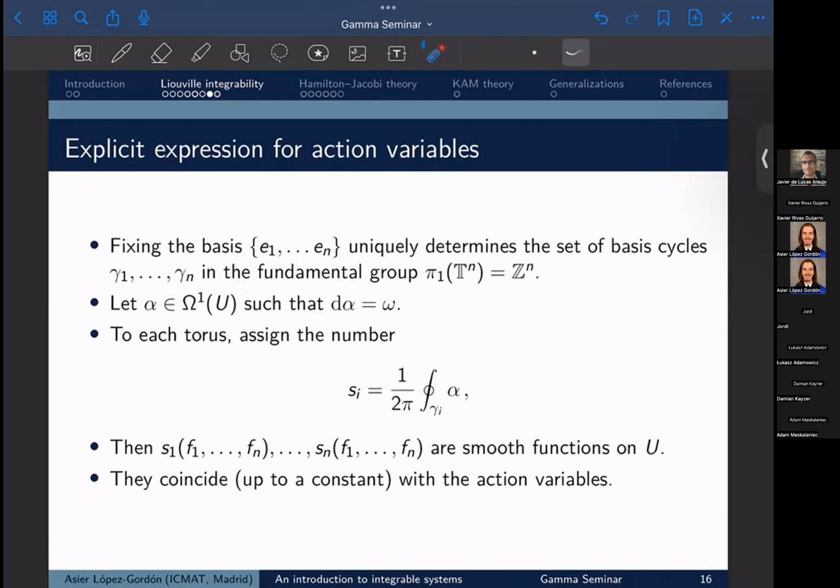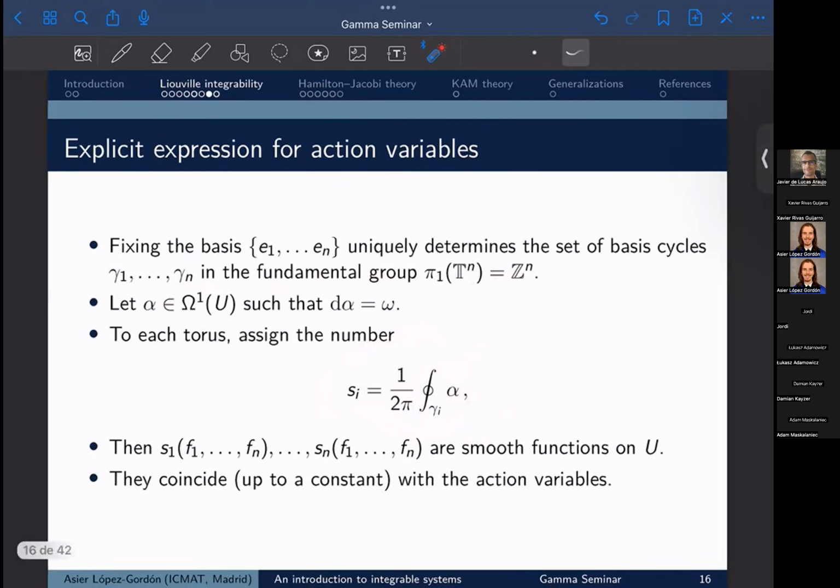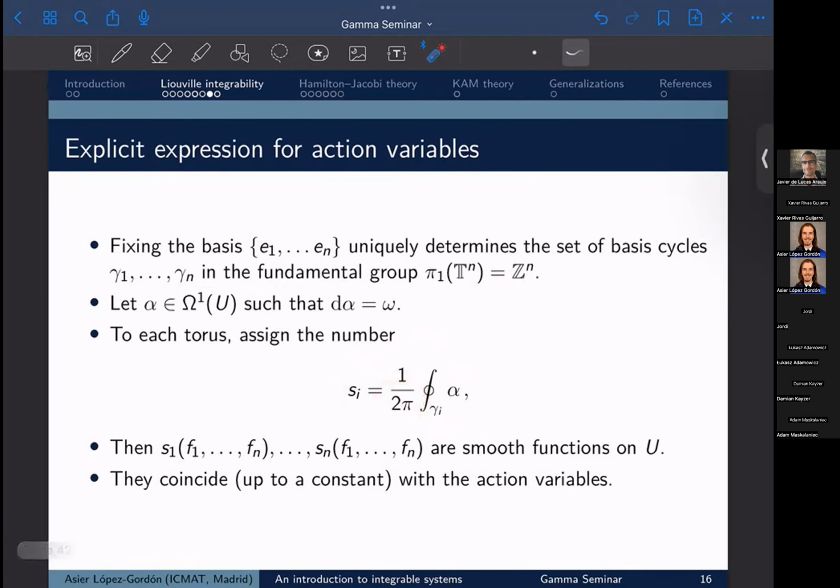So now let us consider a one form alpha on some open set of the symplectic manifold, such that the symplectic form on that open set is the differential of alpha. And to each torus, we assign this number, 1 over 2 pi of the integral along the cycle of this one form. Once again, this 2 pi is a matter of convention.